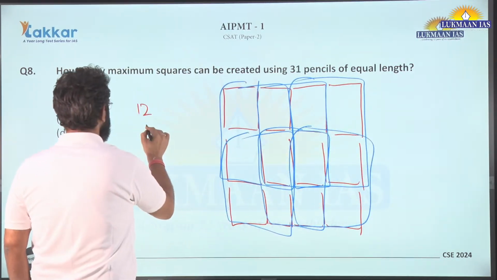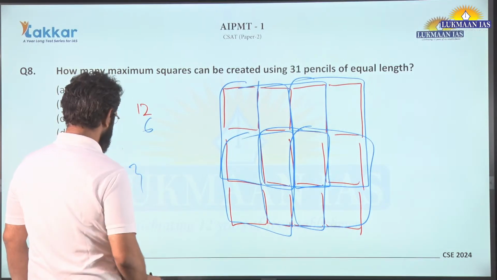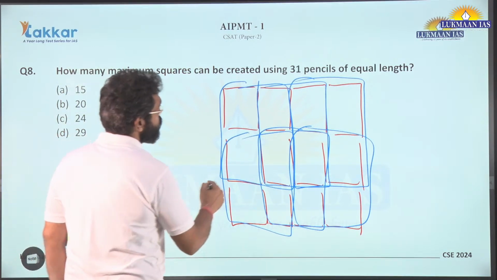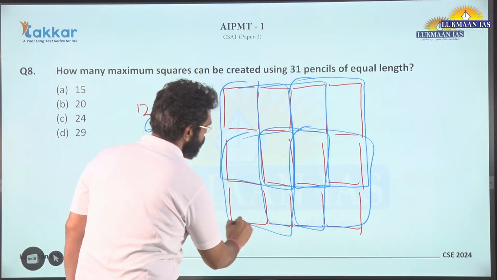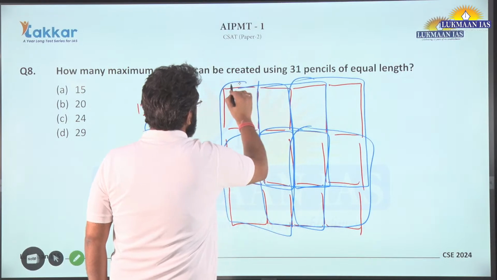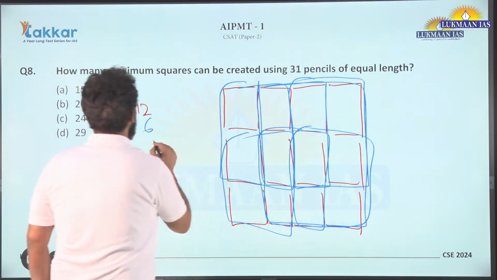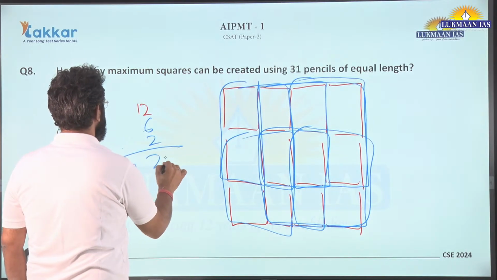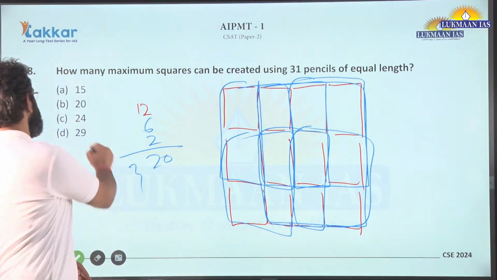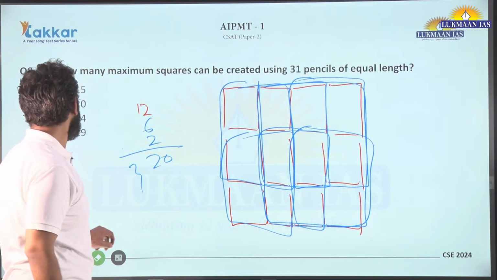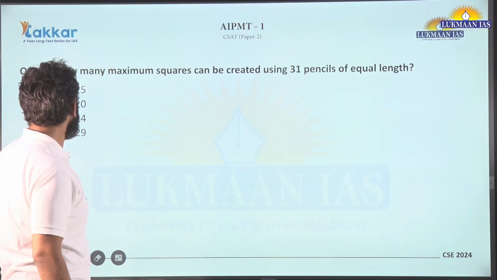There are 6 more squares after that, and still we have more squares, the bigger squares, the 3 squares ones, 2. So the total number of squares would be 20. B is the right answer.